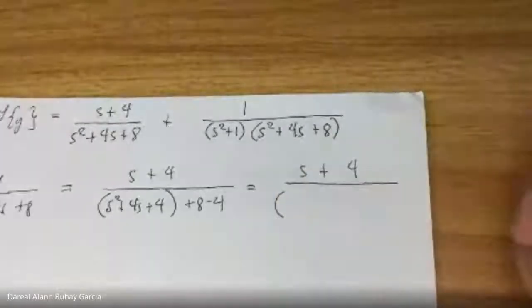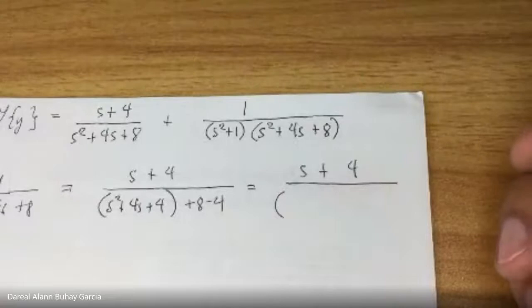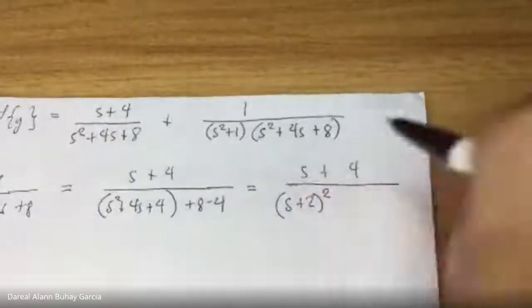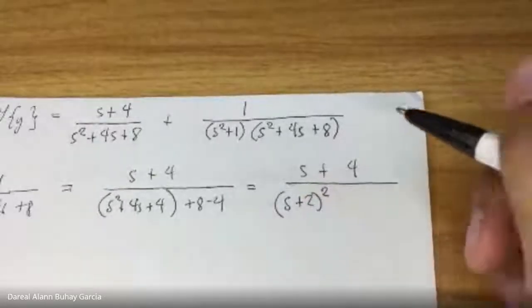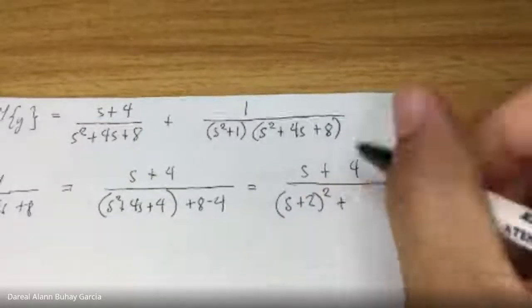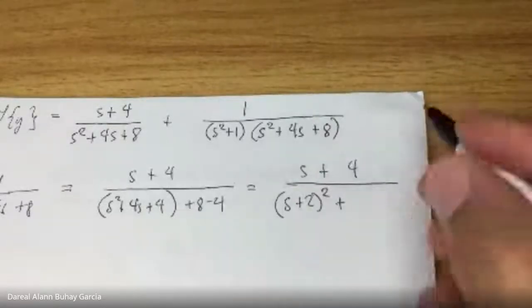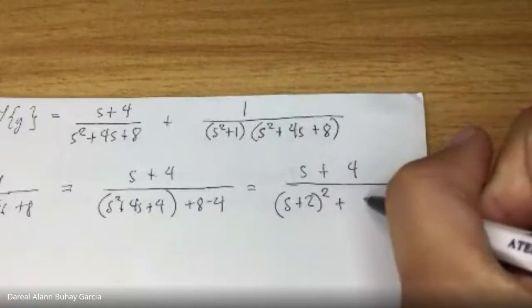That becomes s plus 2 squared plus 4. We can express 4 as 2 squared.